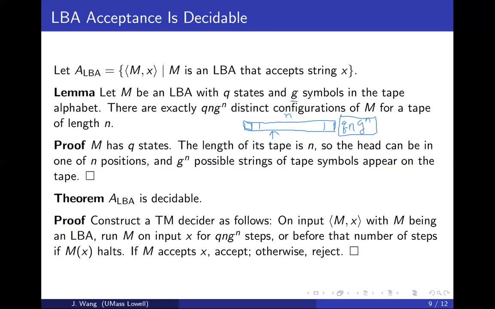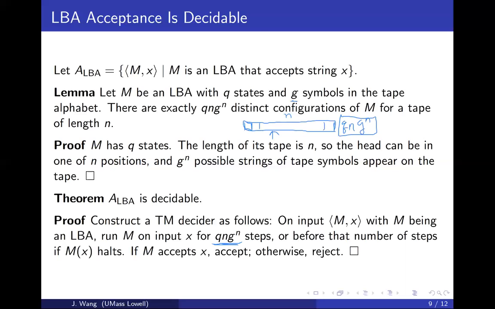Okay, so at most this many steps. If before that many steps M halts, then the decider halts. But nevertheless, after this many steps, the decider halts. So when it halts, then we'll check: if M accepts X, then accept.